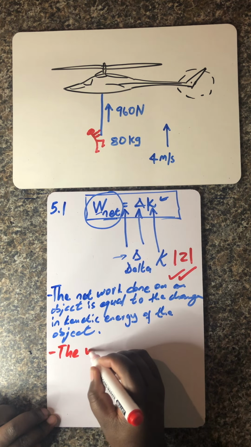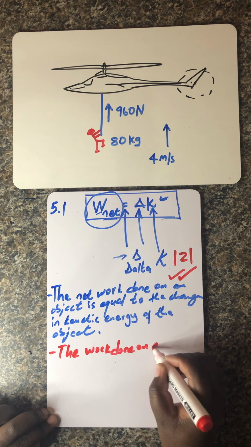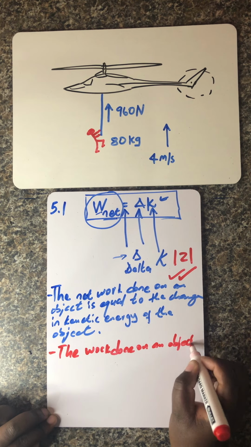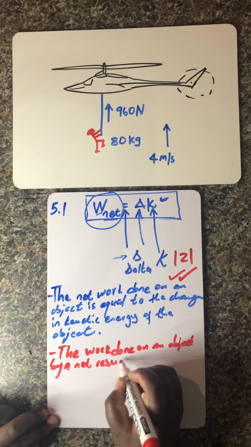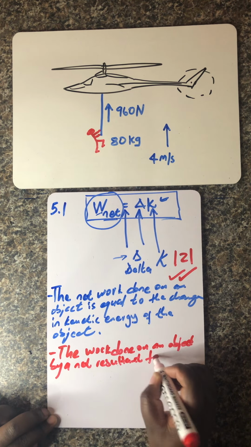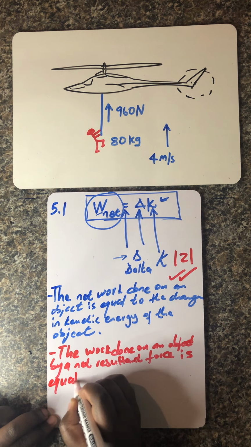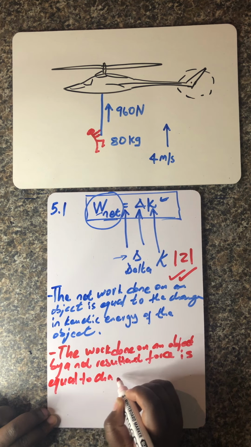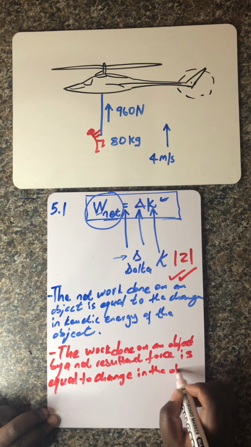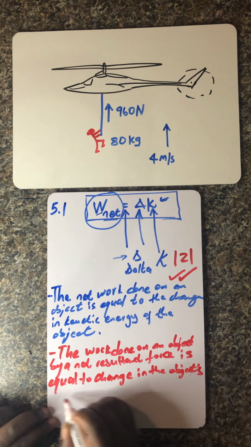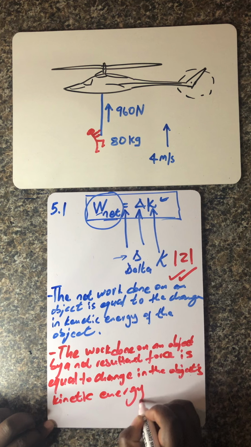Okay, so that means the work done on an object by a net resultant force is equal to a change in the object's kinetic energy.